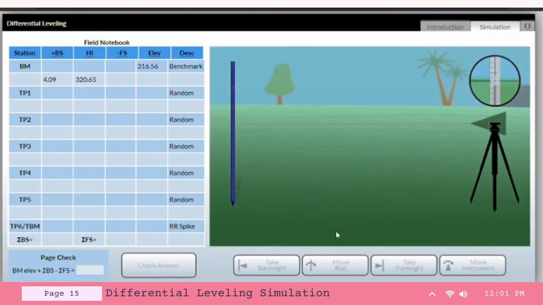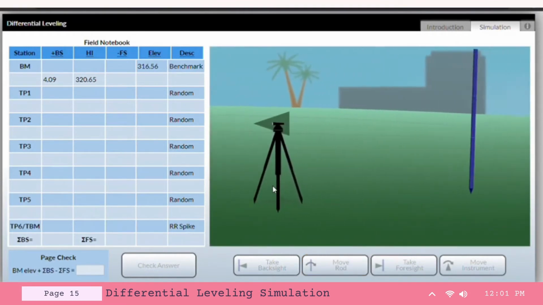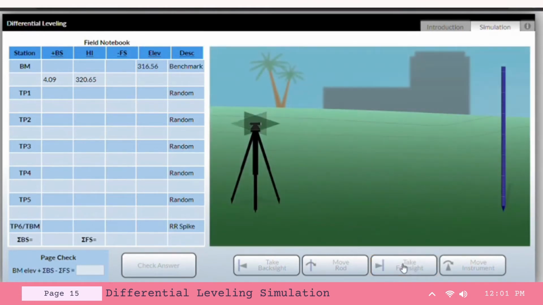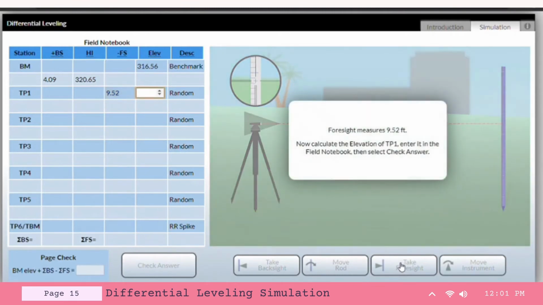Move rod. The measuring rod has moved to turning point 1. We now take a foresight reading since the elevation is not yet known. We have a foresight of 9.52 feet.